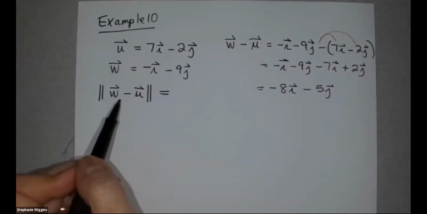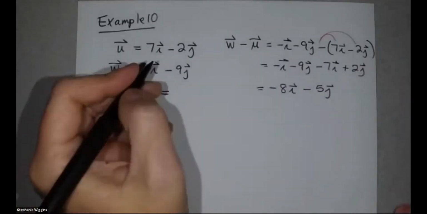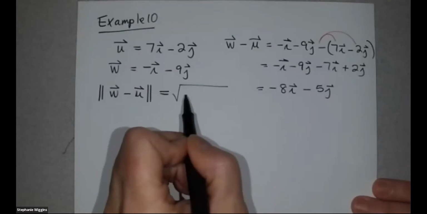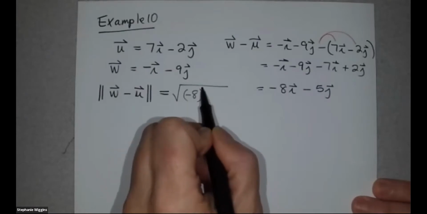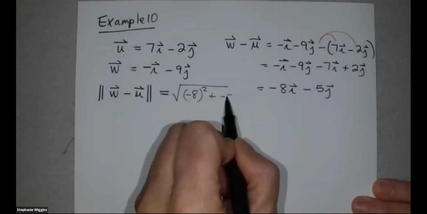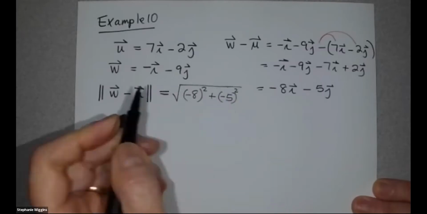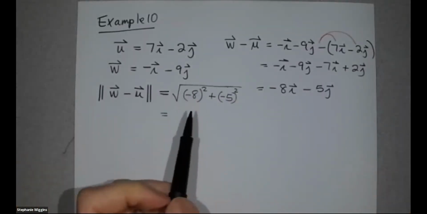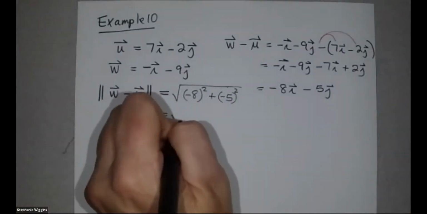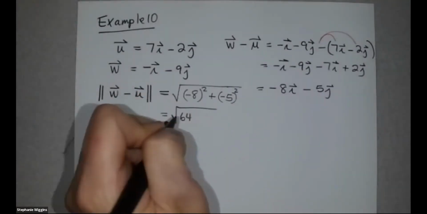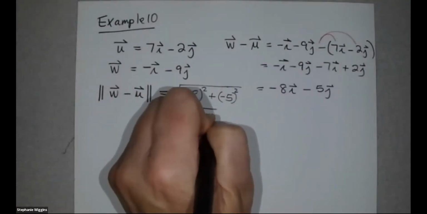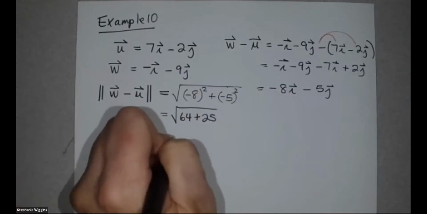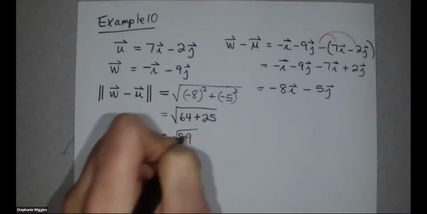Now to find the magnitude of that, we are going to take the square root of negative 8 squared plus negative 5 squared. And this becomes the square root of 64 plus 25, which is the square root of 89.